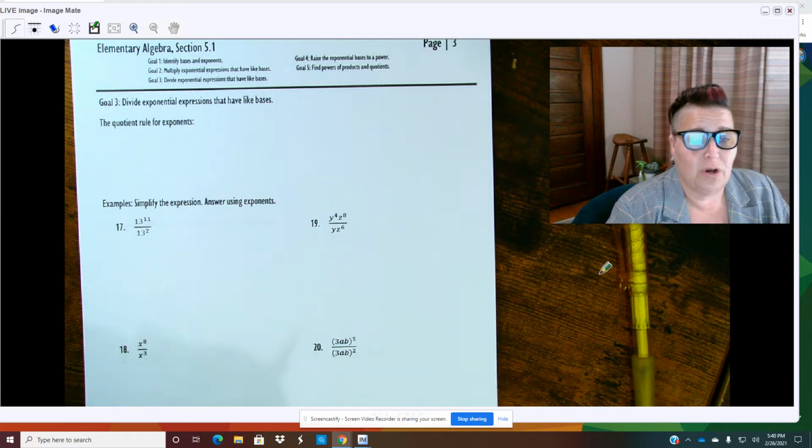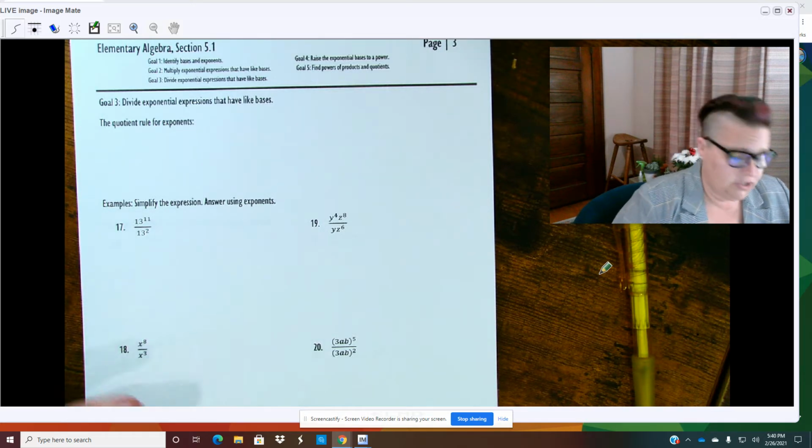All right, the third goal is dividing exponential expressions that have like bases. This is known as the quotient rule. Quotient is another word for division.